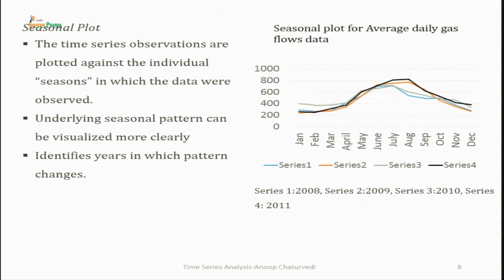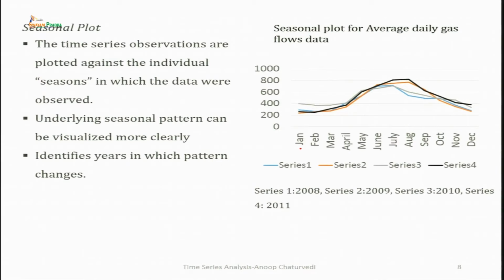So, you can clearly visualize the seasonal pattern just by looking at the seasonal plot. You can also identify the years in which the pattern changes. Suppose for some other year, maybe 2012 or 2013, you get a graph like this. Then you can identify the change in seasonal pattern, and look for the reason behind such a change.